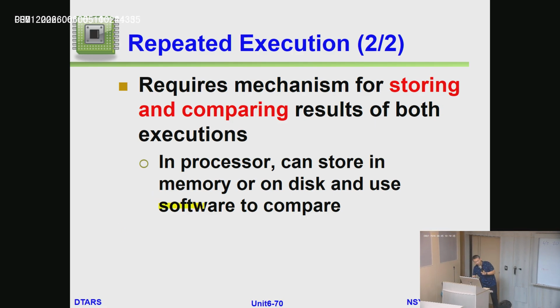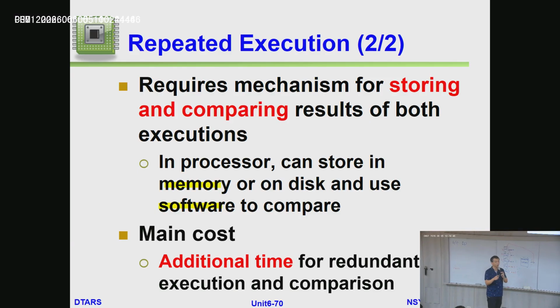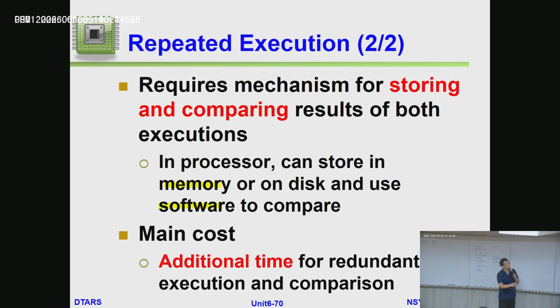We just need to use some software and some memory storage. This is our cost, additional time. Okay, so when you learn these techniques, focus on what cost we need to pay and what advantages we can have.